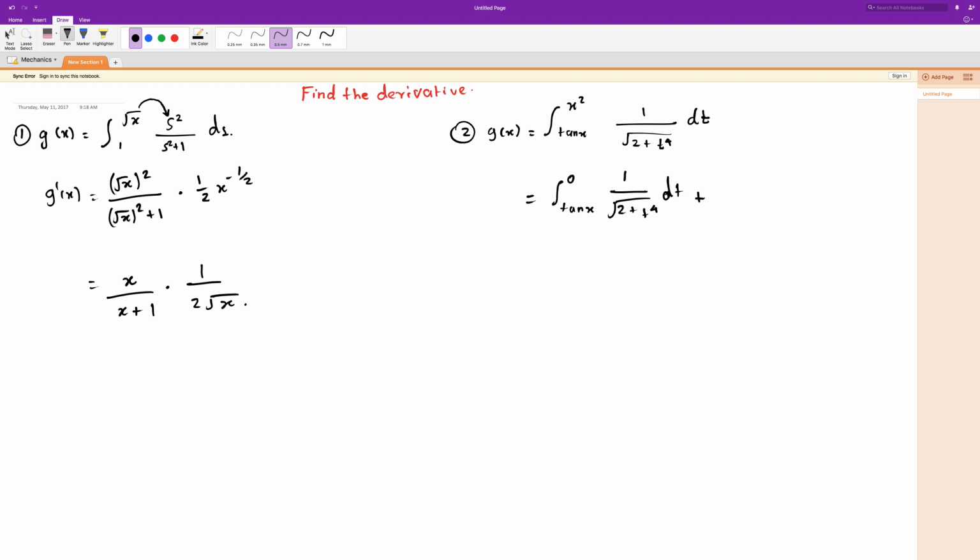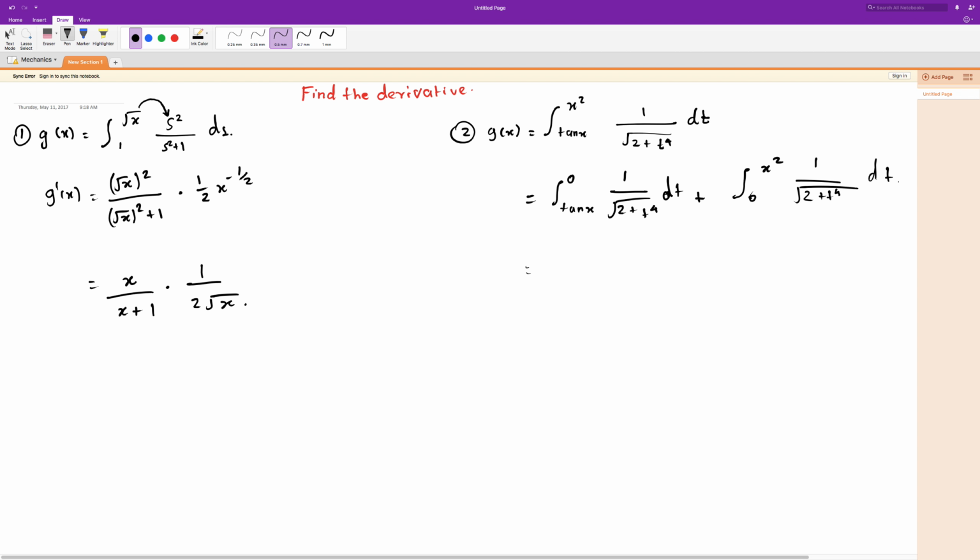plus the integral from 0 to x squared, and this is going to be 1 over square root of 2 plus t to the power 4 times dt. Then what we have to do is plug in this value, but in this case tan x is in the bottom, so we have to bring it into the top. We can do this, but whenever we swap something, we have to put a negative sign in front of it.